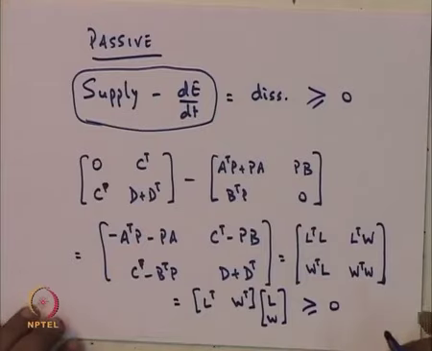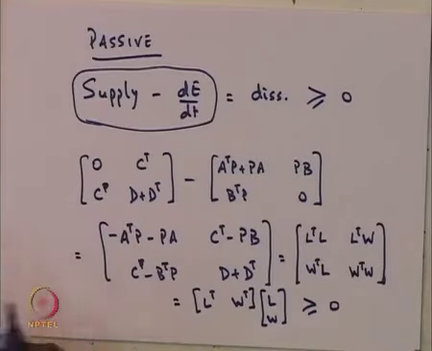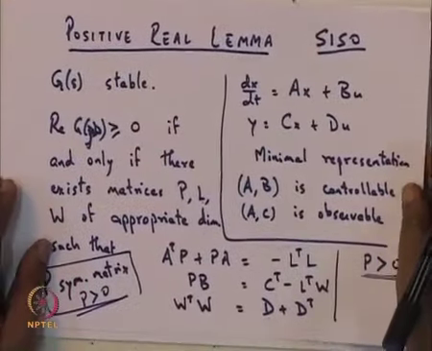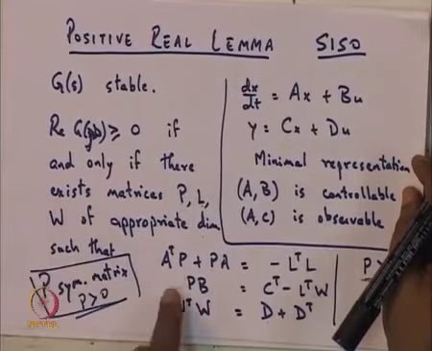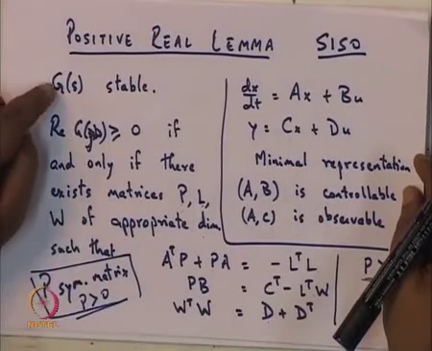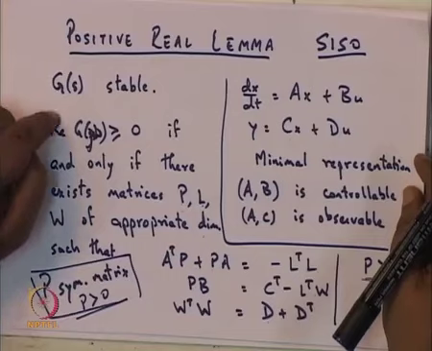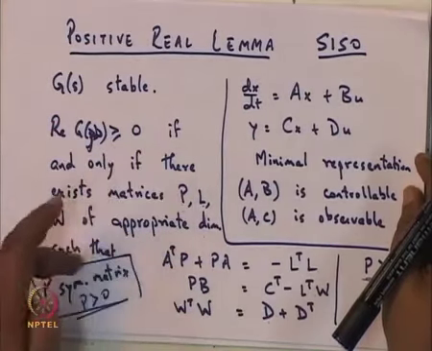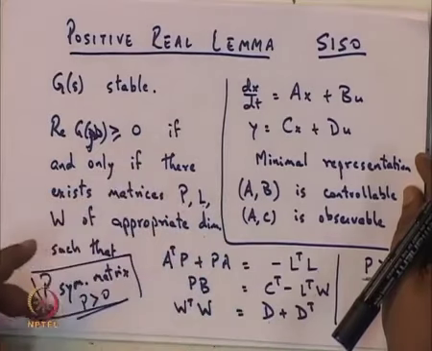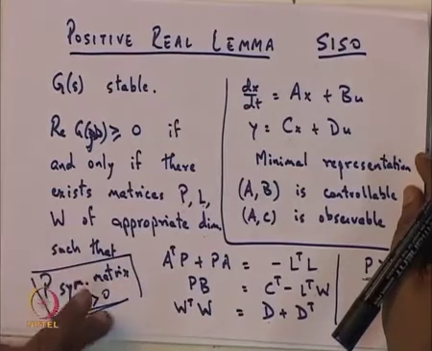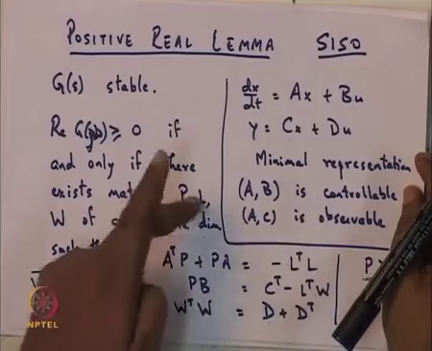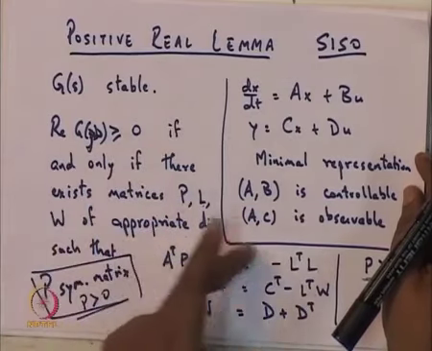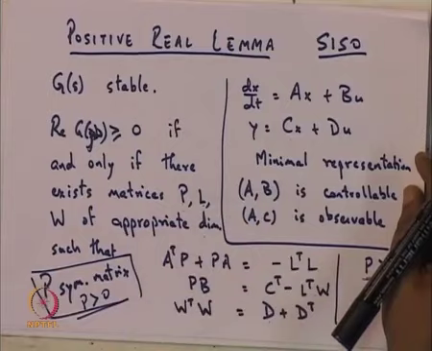So if you go back to the positive real lemma, when you are saying G(s) is stable and this is true, then it says that there exist matrices P, which is a symmetric matrix greater than 0, such that these conditions hold, and the other two matrices L and W, such that all these conditions are satisfied.